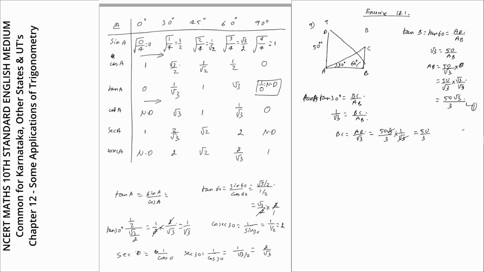So 50 by 3, if we divide, 3 ones are 3, then 2 0, 3 6s are 18, so 16. So BC is equal to 16 2 by 3 meters. So that is the height of the building is 16 2 by 3 meters.